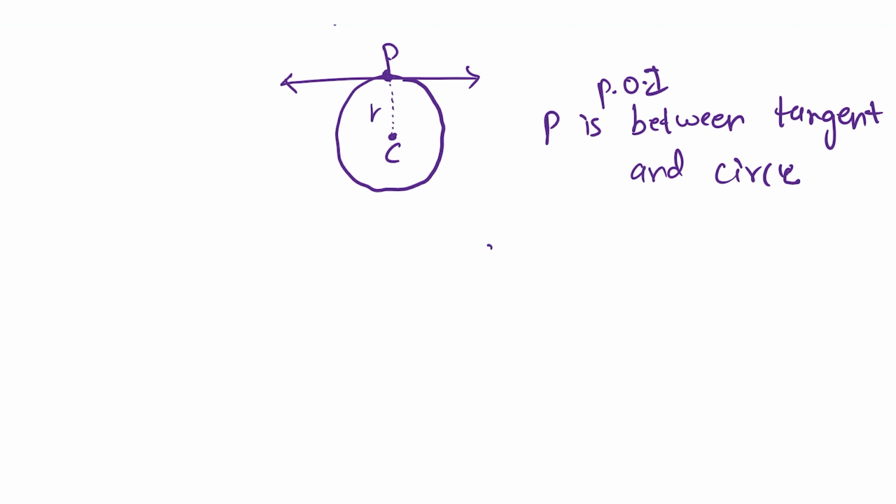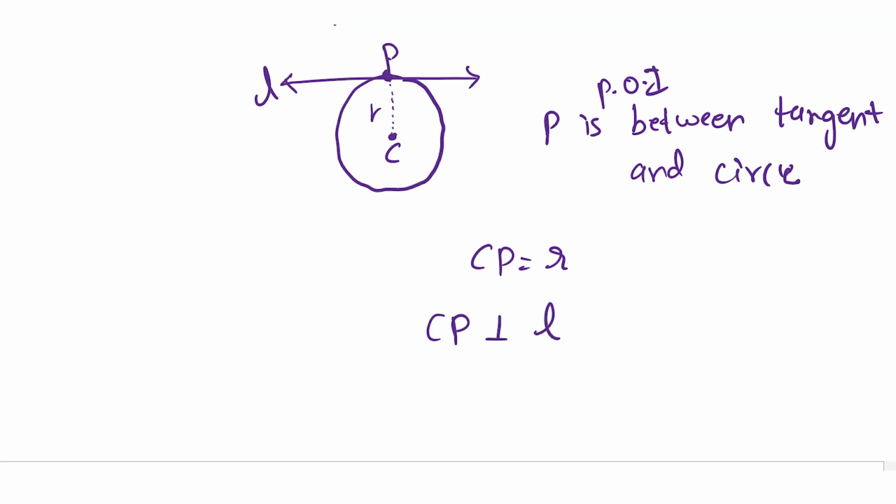If you join the center with the point of contact, this P, this length is the radius. Let's say this line is the tangent line, or let's say line L. CP is perpendicular to line L. This is important, these two things.